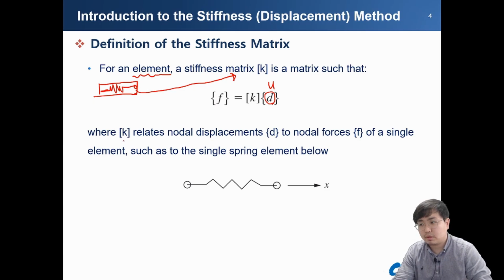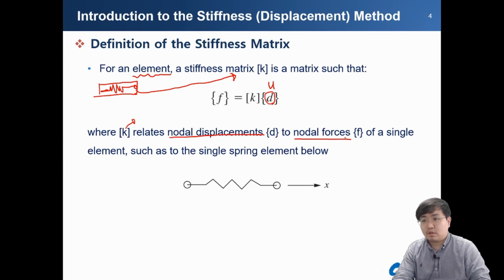Here, K is related to the nodal displacement. No, that is a wrong description. K is the stiffness matrix, D is the nodal displacement, and F is the nodal forces.